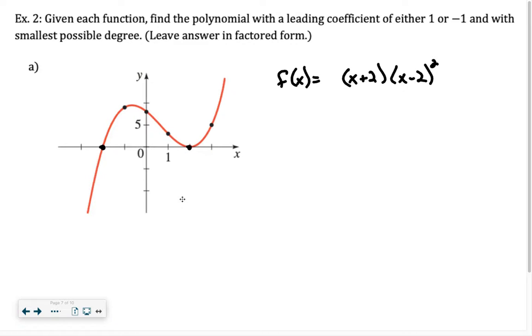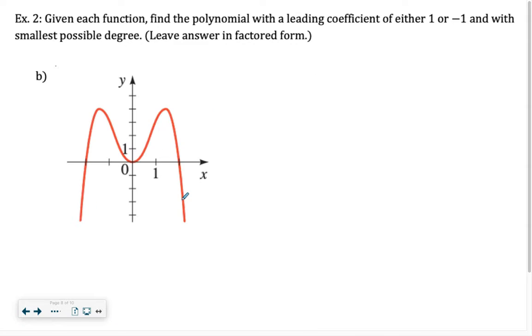All right, let's try another one here. On this one, we have 3 zeros here, here, and here. So the first one is at -2, so that factor would be x plus 2. The graph crosses there, which means the multiplicity will be odd, so we're assuming any odd multiplicity from a graph is 1.